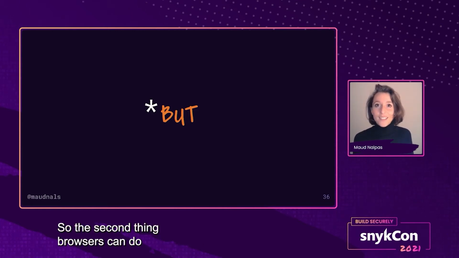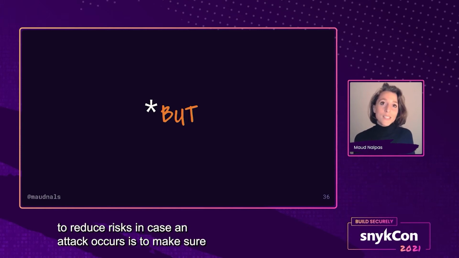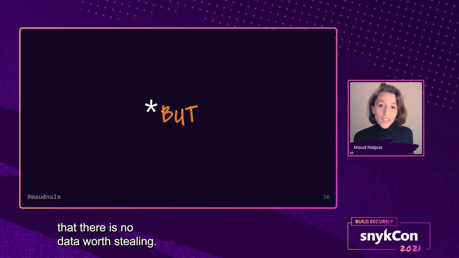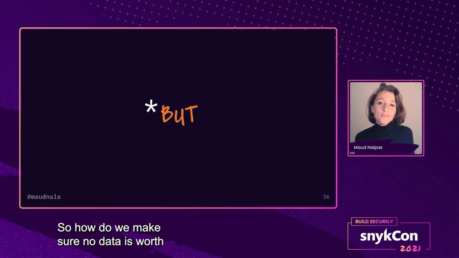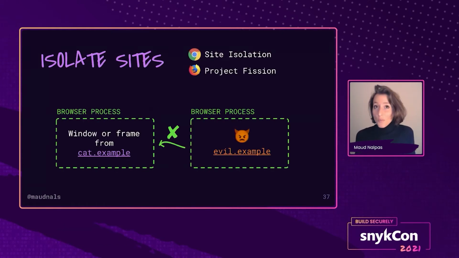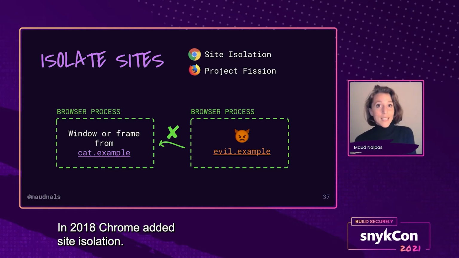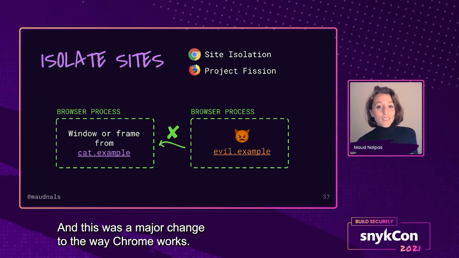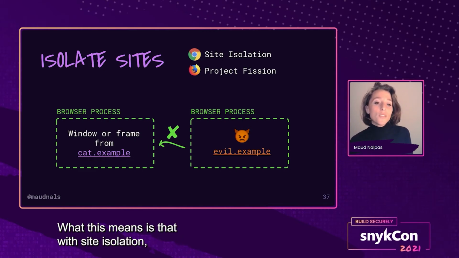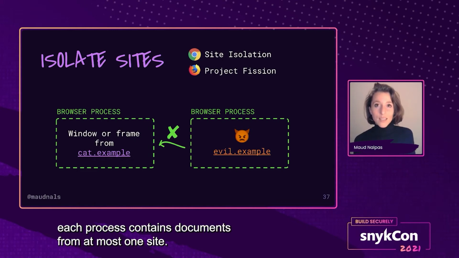So the second thing browsers can do to reduce risks in case an attack occurs is to make sure that there is no data worth stealing. So how do we make sure no data is worth stealing at the process level? Well, in 2018, Chrome added site isolation. This was a major change to the way Chrome works. With site isolation, each process contains documents from at most one site.